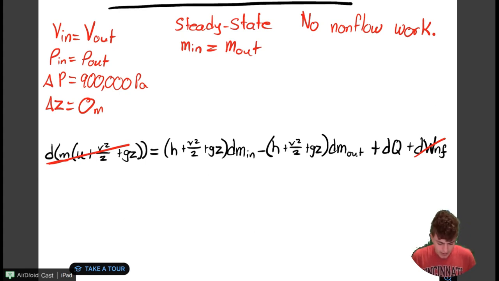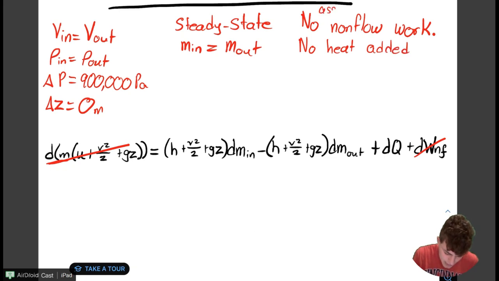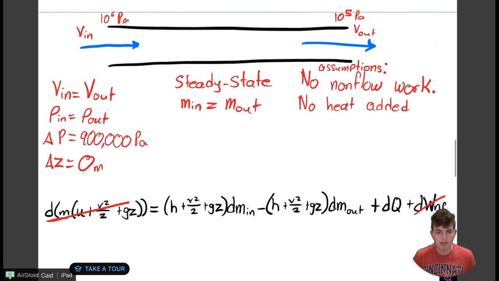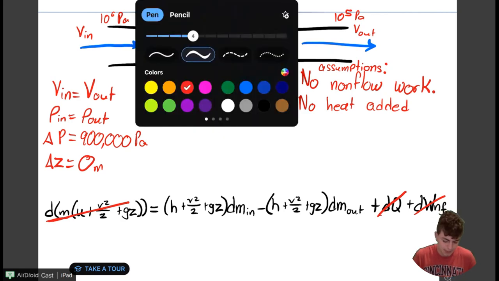And then finally, if there is no heat being added to the system, which we see no heat being added, I'll add that as another assumption. Let's title this Assumptions. These assumptions are present based on the diagram that was drawn. So if we have no non-flow work and no added heat, we can cancel out this added heat term as well.